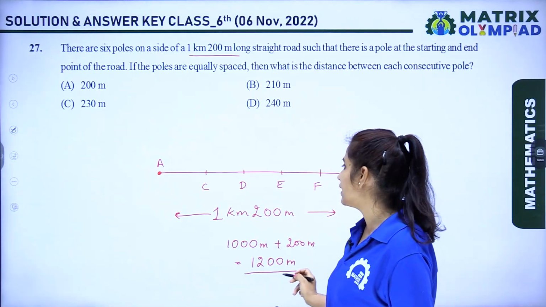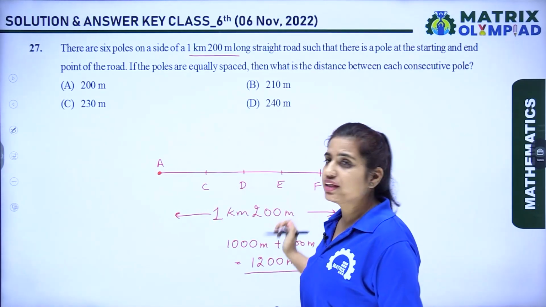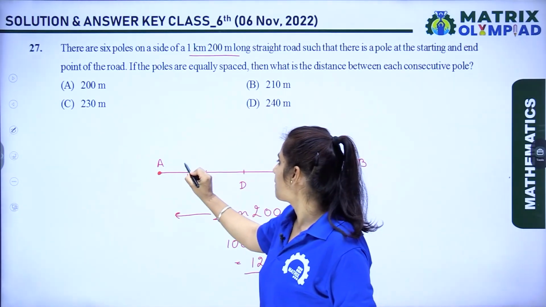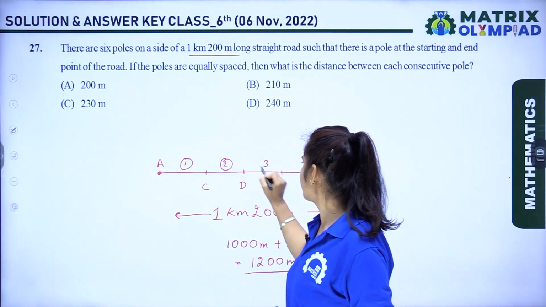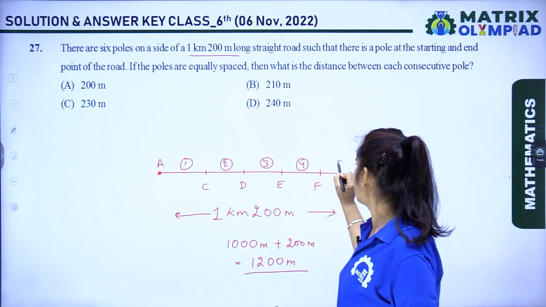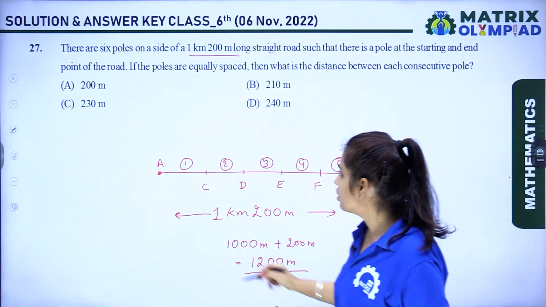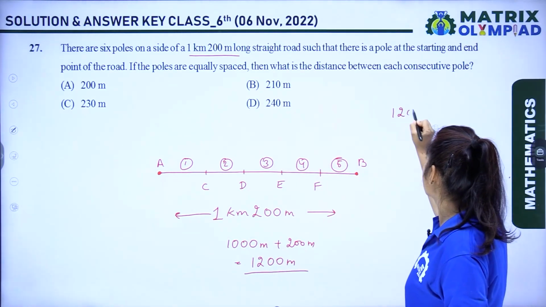Now we have to place the poles, so let's find the distance between these poles. There is a total of 5 partitions in this road: 1, 2, 3, 4 and 5. So there are 5 partitions in this road. So let's divide 1200 by 5.